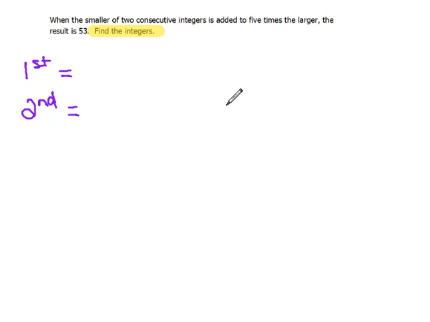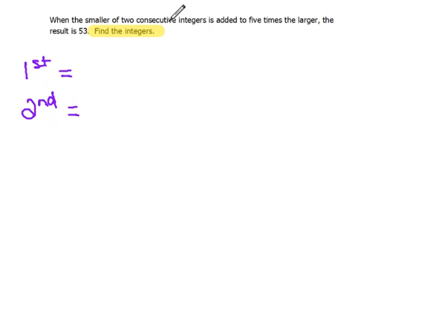Now we've talked in another video before about consecutive even integers. But this one doesn't say even, it doesn't say odd, it just says consecutive integers. So let's think about what a consecutive integer is. An integer, of course, we think of as being like a whole number, but it could be negative also.